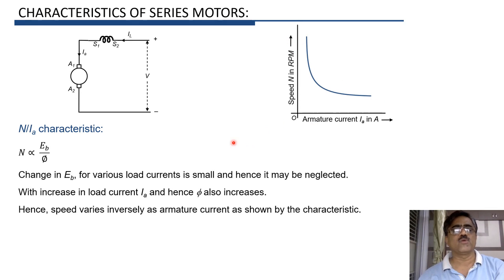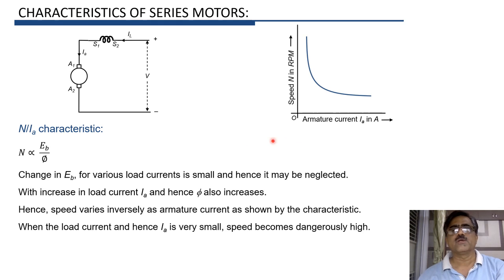Now here you have to note one important thing. Suppose armature current Ia is equal to 0. Then the current through the field winding is also 0, and therefore flux phi is 0. If phi is 0, speed will become infinite. This means that if the load on the motor is small, then armature current Ia is also very small, and for small armature currents, speed of the motor can become dangerously high.